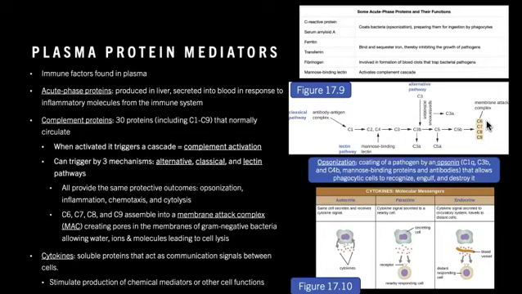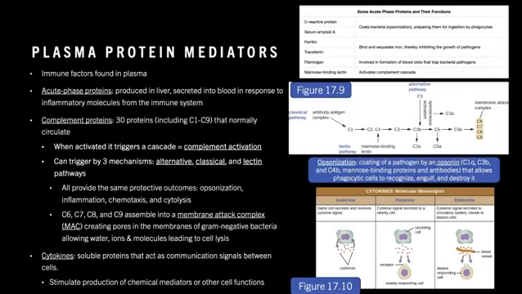So what really is taking place here is that these 4 types of proteins, C6 through C9, are going to create little pores or holes within the membrane of the bacteria or microbe, and that allows water, electrolytes, and other ions to come in and causes the cell to lyse, thus destroying the microbe.